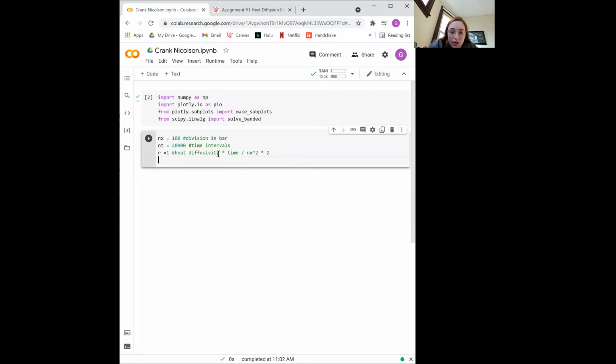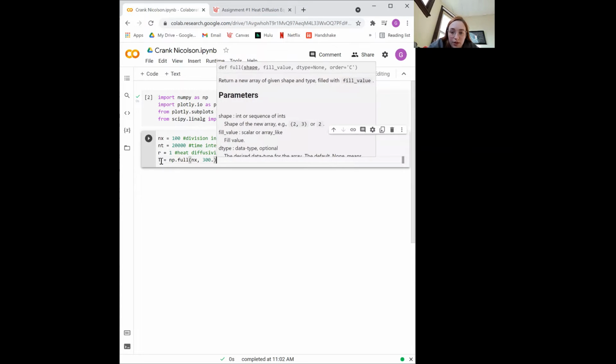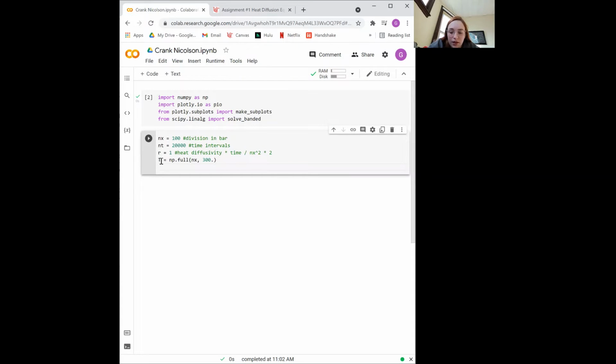We're going to keep a space just for it to match. T is the same, with the same 300 initial temperature of the entire bar, and then the 350 on the left and the 400 on the right. And X is the same.